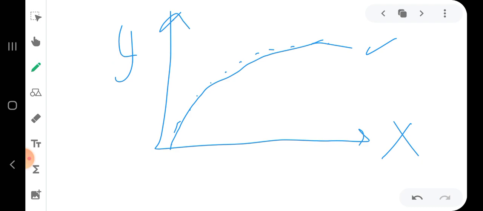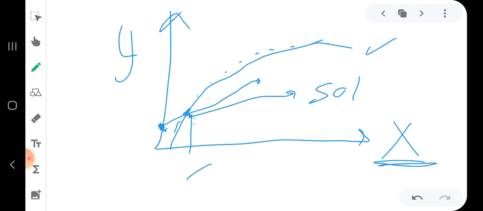So you can determine the y-intercept, maybe here, and then you use the slope to determine any other point, maybe here. Then you connect the points, and the intersection will be my solution. So this is the graphical solution. This will be the composition of the more volatile component in the liquid, and this will be the composition of the more volatile component in the vapor phase.